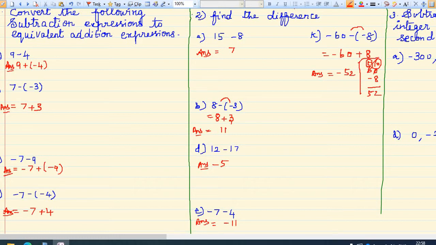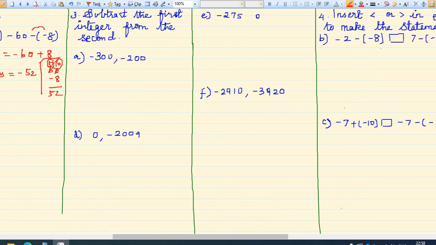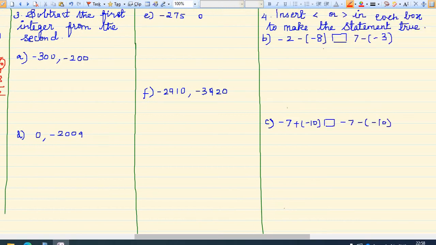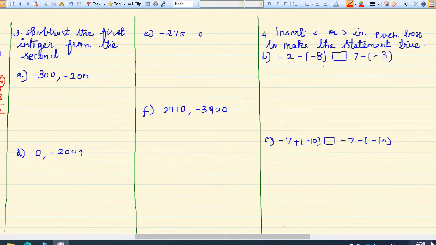When I come to the next sum, subtract the first integer from the second. So write the question. See, this is your first integer and this is your second integer.